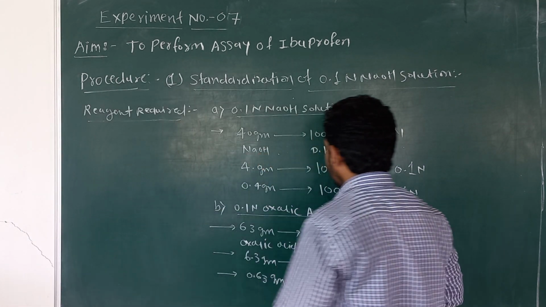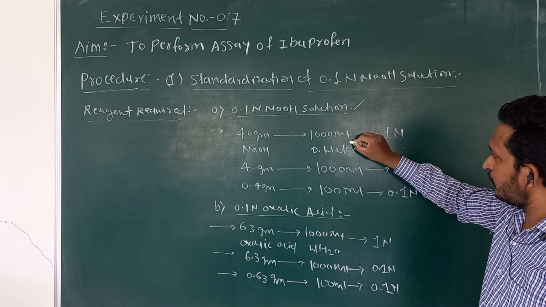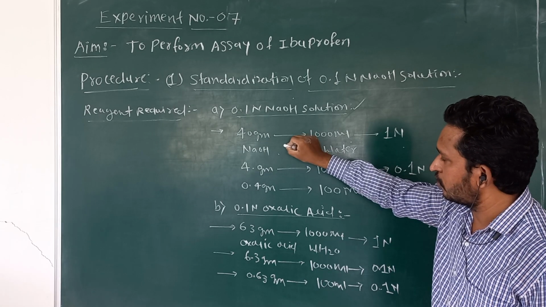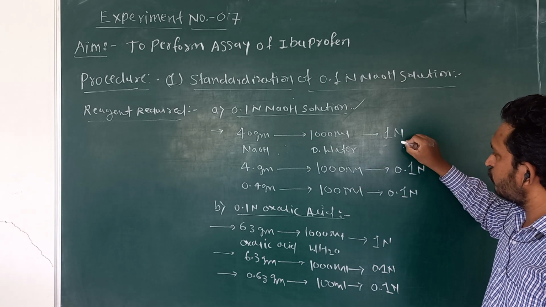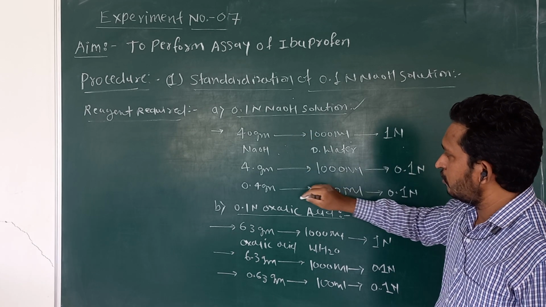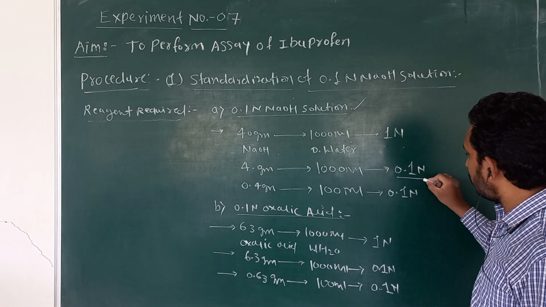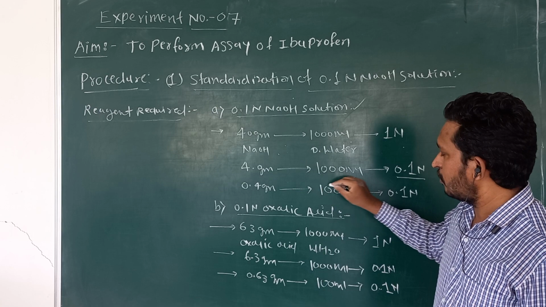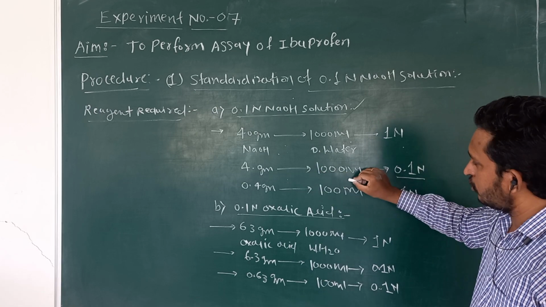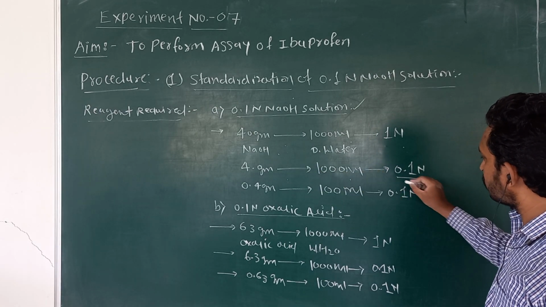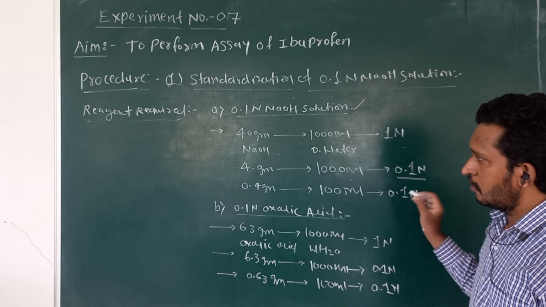For 1000 ml, 40 gram of sodium hydroxide you have to dissolve, so you get 1 normal. Then if you want 0.1 normal, you have to dissolve 4 gram of sodium hydroxide in 1000 ml of distilled water. So you get 0.1 normal NaOH solution.